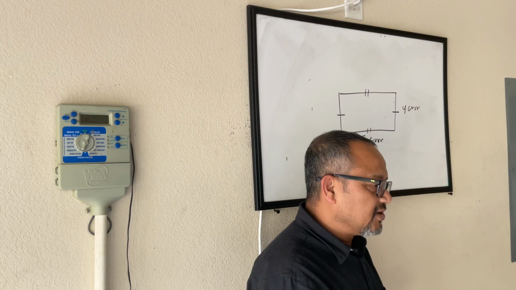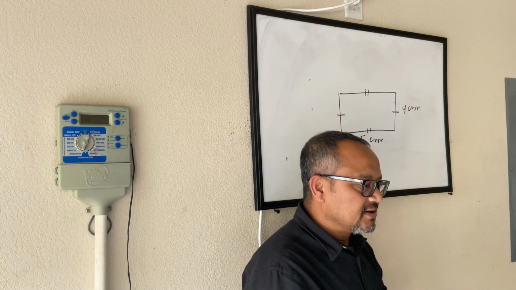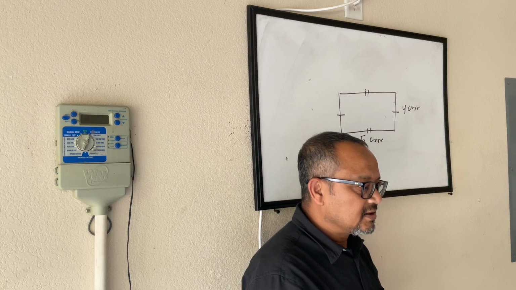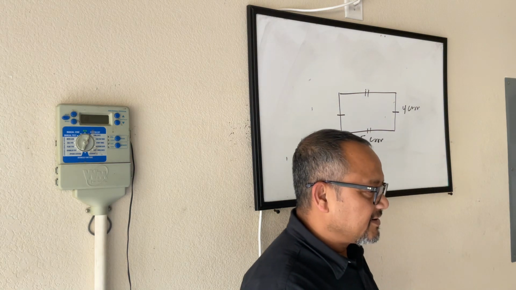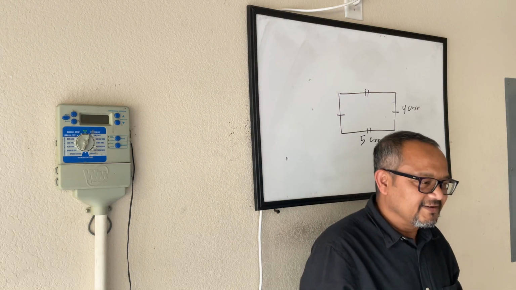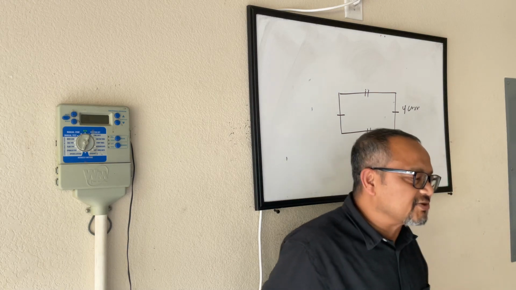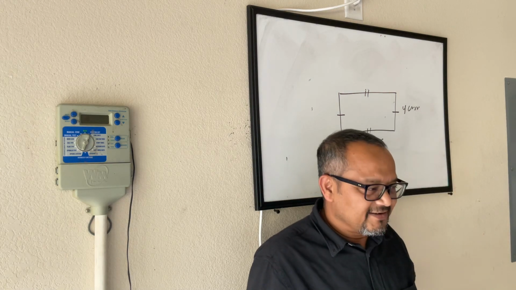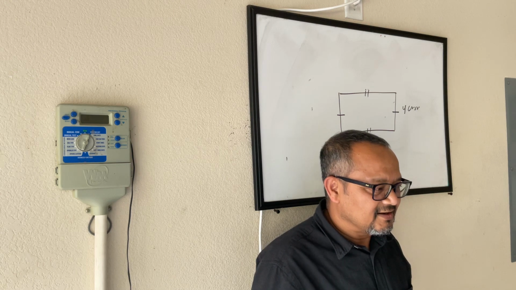20. 20 what? Squared. Okay. How about you, Nehit? 20 squared. 20 squared what? No, just give it a shot. What do you mean by 20 squared? 20 squared foot.